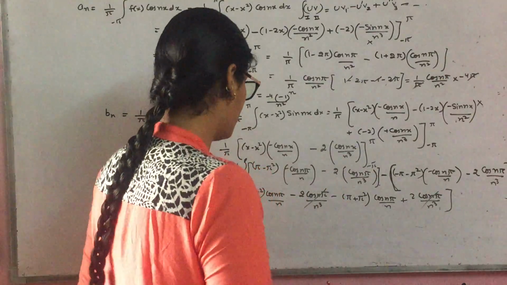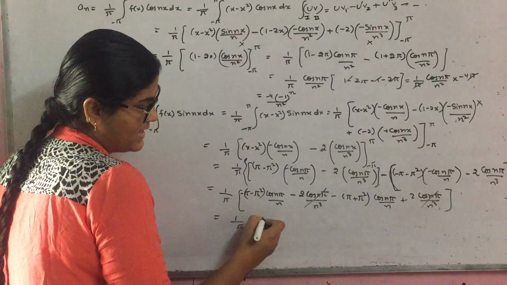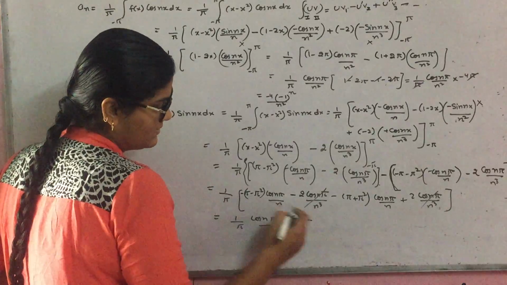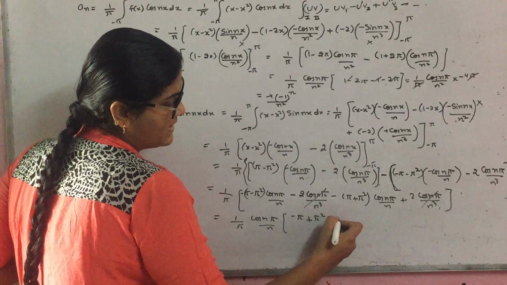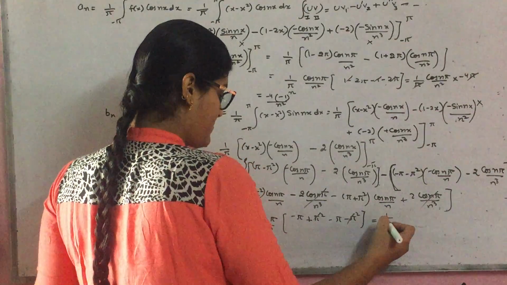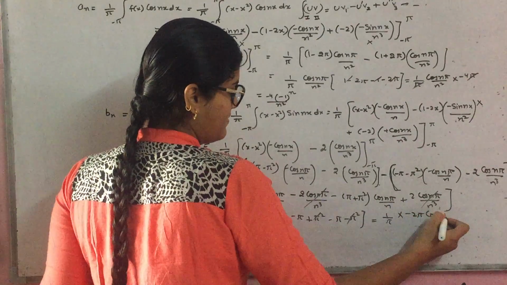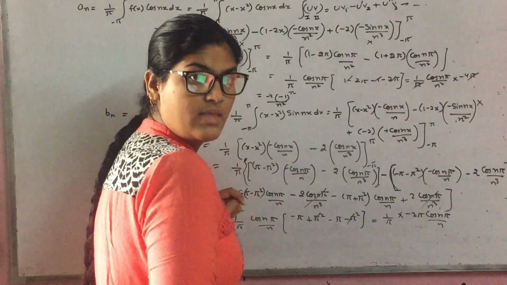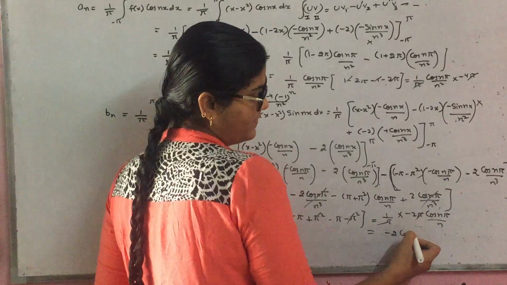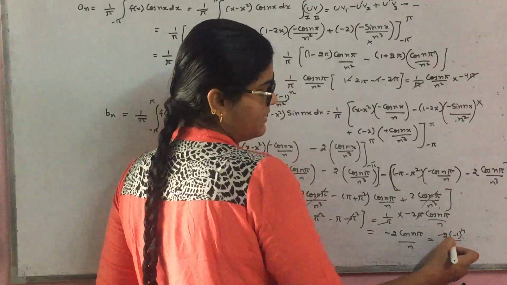This will cancel with this. So if you take cos n pi by n as common, what you left with? Minus pi minus minus plus pi square minus pi minus pi square. Pi square cancels with pi square. 1 by pi minus 2 pi cos n pi by n. Then pi is cancelled with pi and you will be left with minus 2 minus 1 raised to n by n.